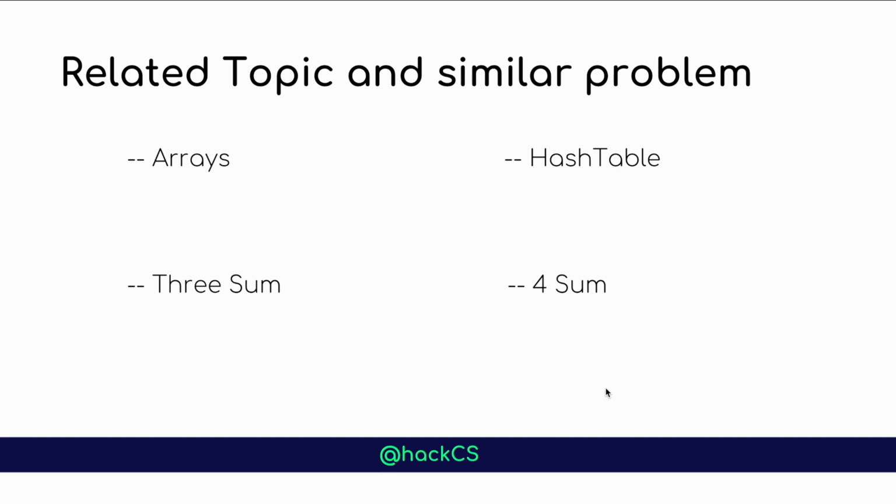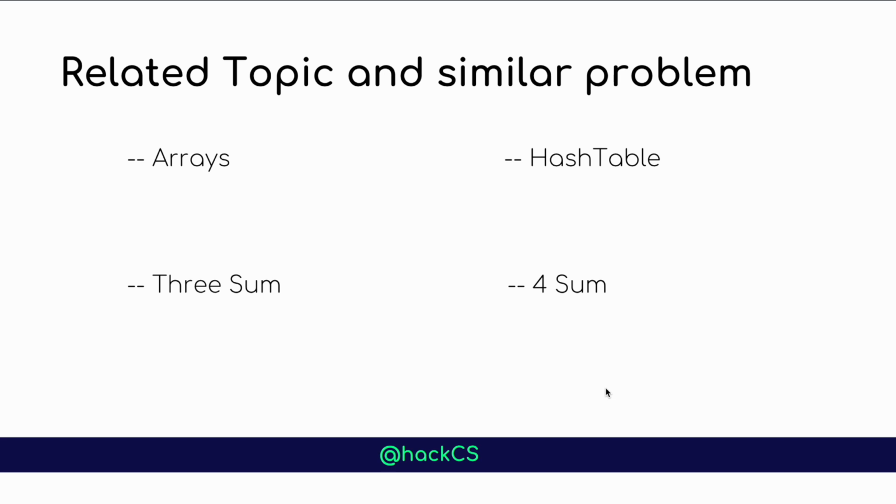Now this problem covers two concepts: one is array, another is hash table. To use a hash table, we have used the hash map collection, whereas using hash map, we are storing the values in a hash table.